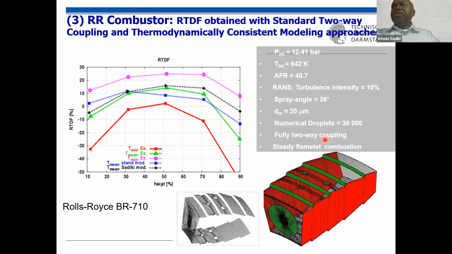So we did the full two-way coupling, as we have discussed here. The number of numerical droplets was 30,000, and the mean diameter was this, the spray angle was this, and we use at the moment the RAS model, and the inflow condition of the turbulence intensity was 10%, and this is the air-fuel ratio, and the temperature at the injection was this here, and the pressure was this.